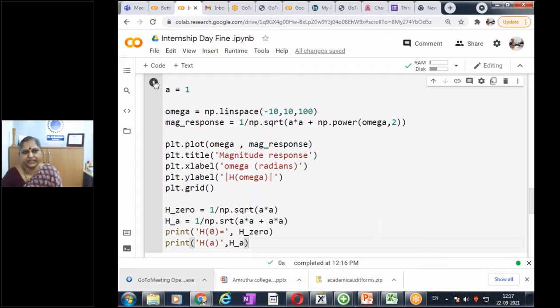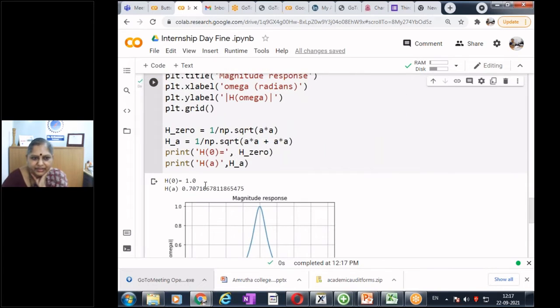So run it. When a equal to 1, np.sqrt. So what we get? The value at h of 0 is 1, h of a is 0.707.